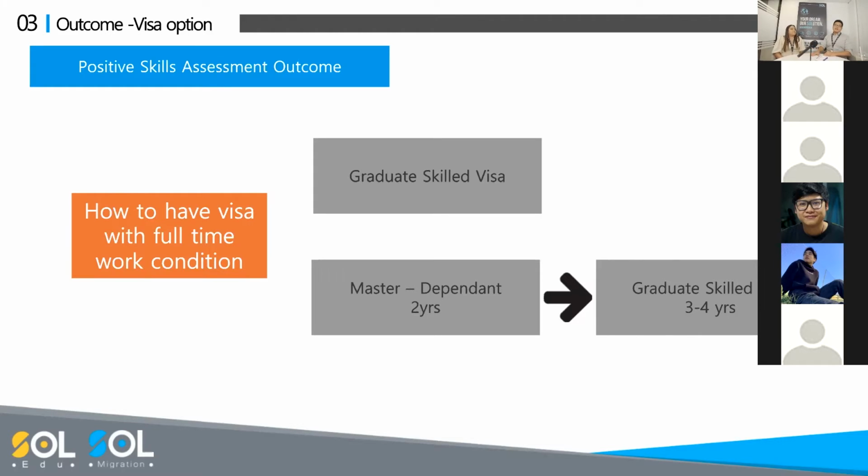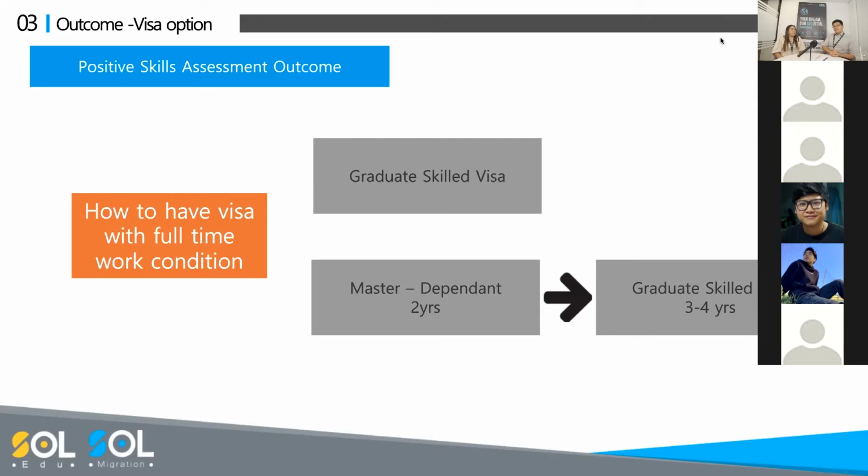I know many people are scared, a master course is very expensive. I understand totally. I completed a master degree in Australia as well, so I understand it's very expensive. However, if Diego's partner is studying a master degree in Australia, then Diego will have full-time working rights.